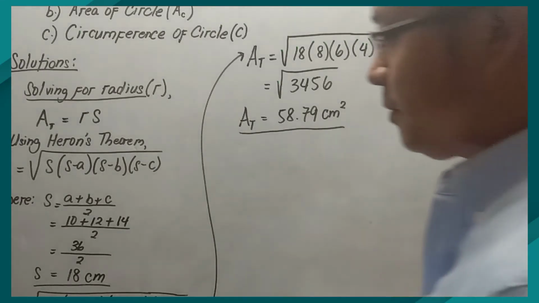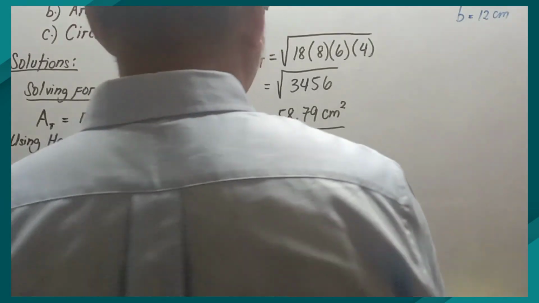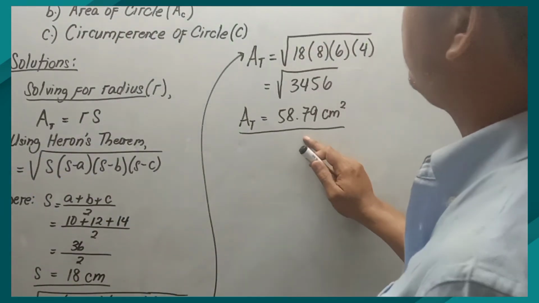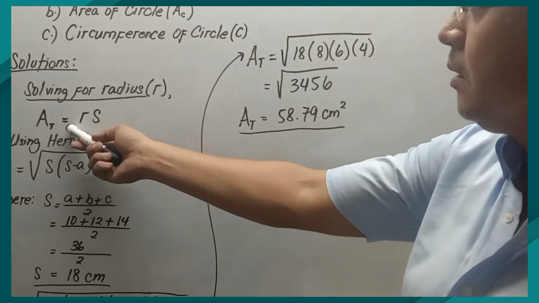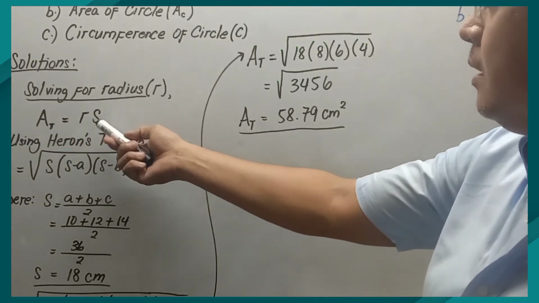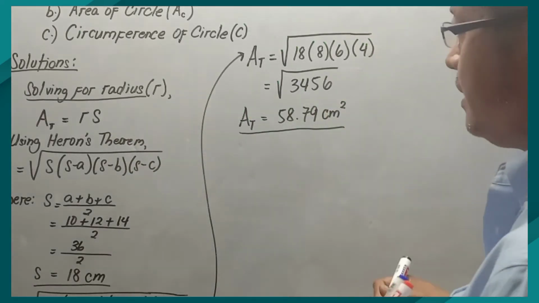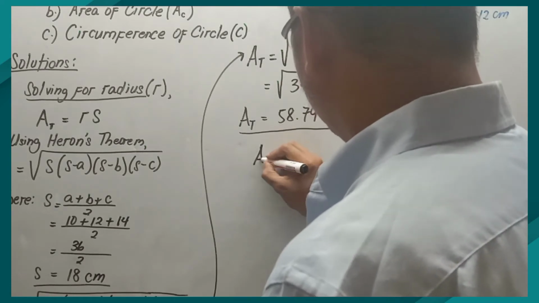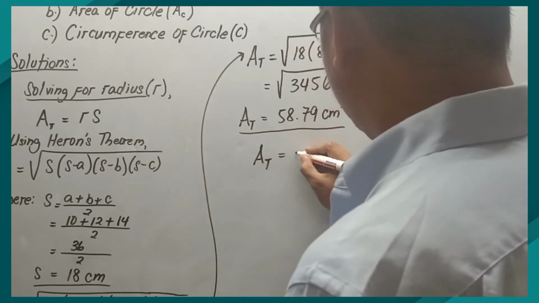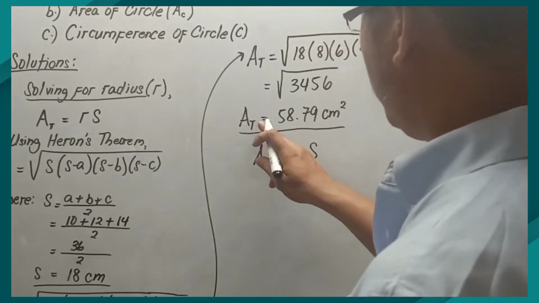Now, since we already calculated the area of the triangle, we can substitute this value to our original equation, where area of triangle is equal to the product of the radius times the semi-perimeter. Okay, so area of a triangle is equal to radius times S. So how much area?